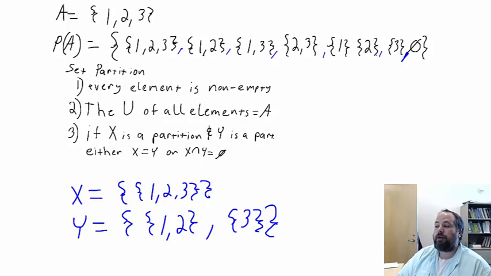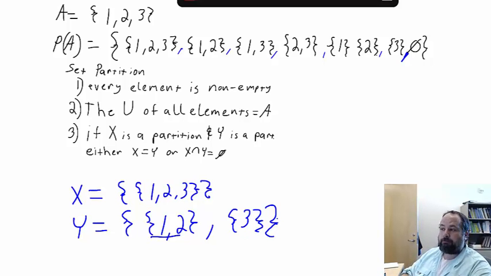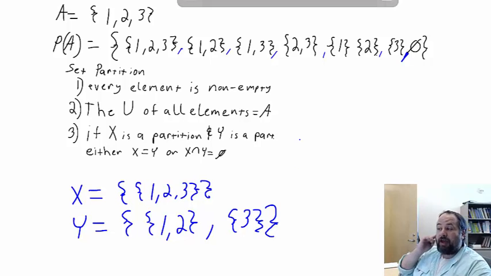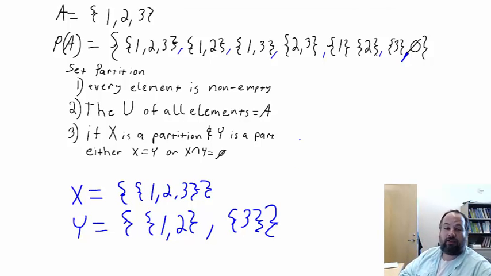Is the union of all elements the same as A? Yes, right? In fact, the only member of set X is the same as set A. But if we union all of both of these together, we will get set A. If X is a partition and Y is a partition, either X equals Y or X intersection Y equals the empty set.